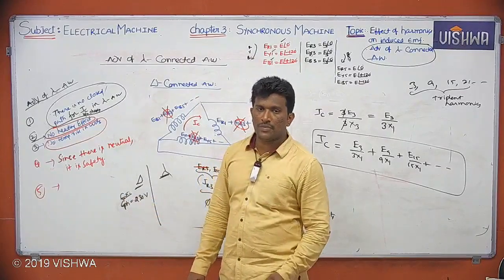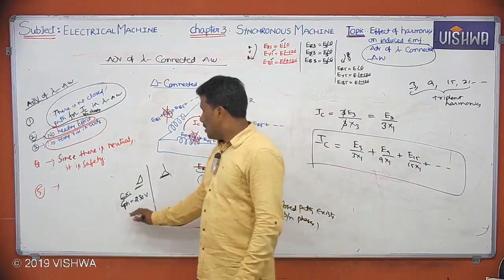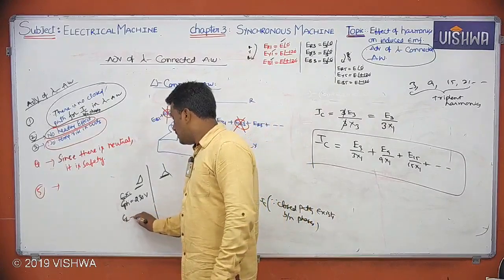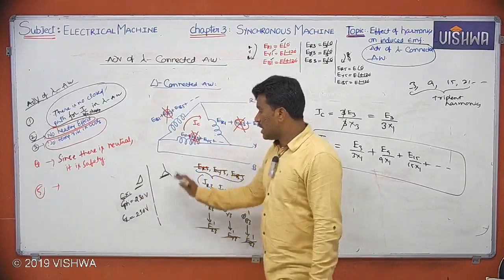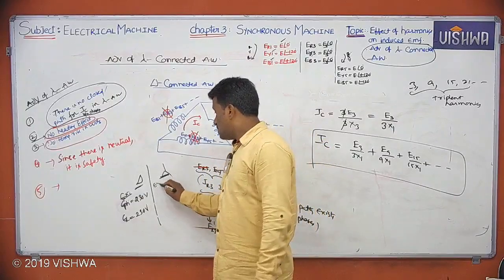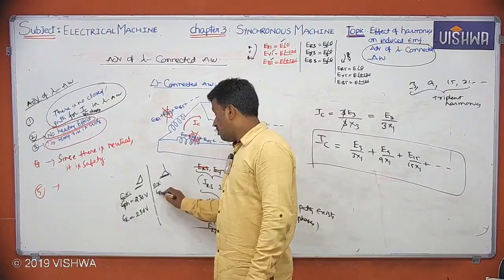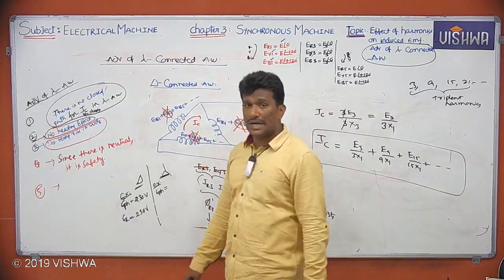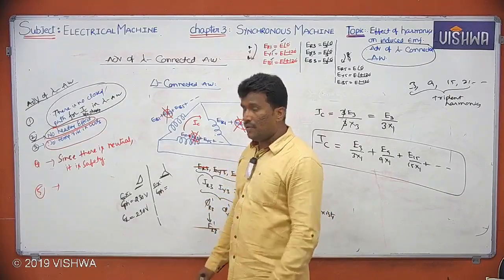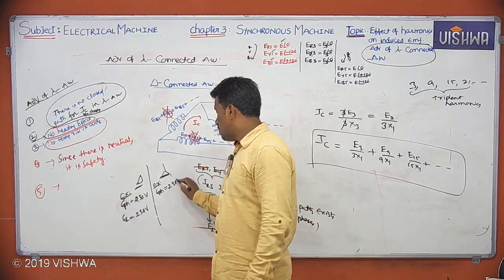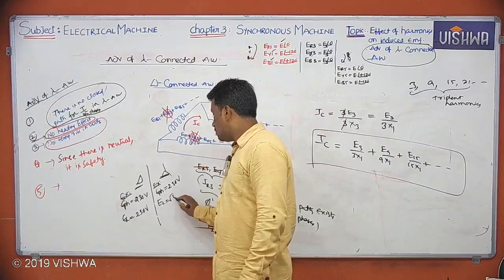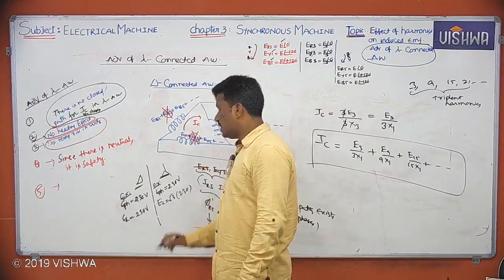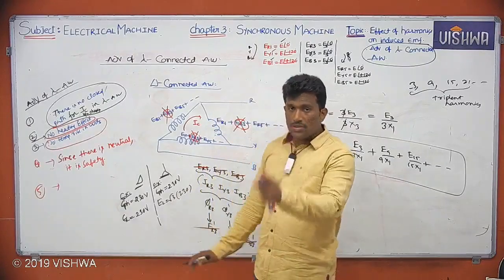If the alternator armature winding is delta connected, what about line voltage here? Same 230 volts. Suppose in star connected, same example, if the phase voltage generated is 230 volts, what's the line voltage? √3 into 230.